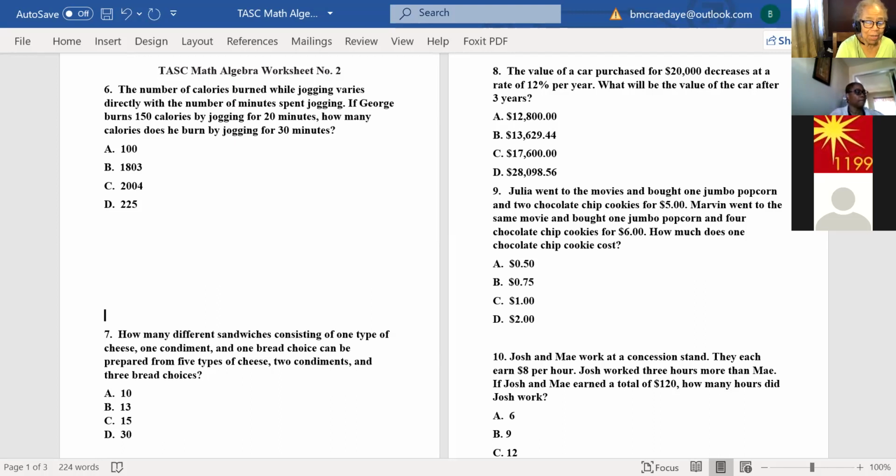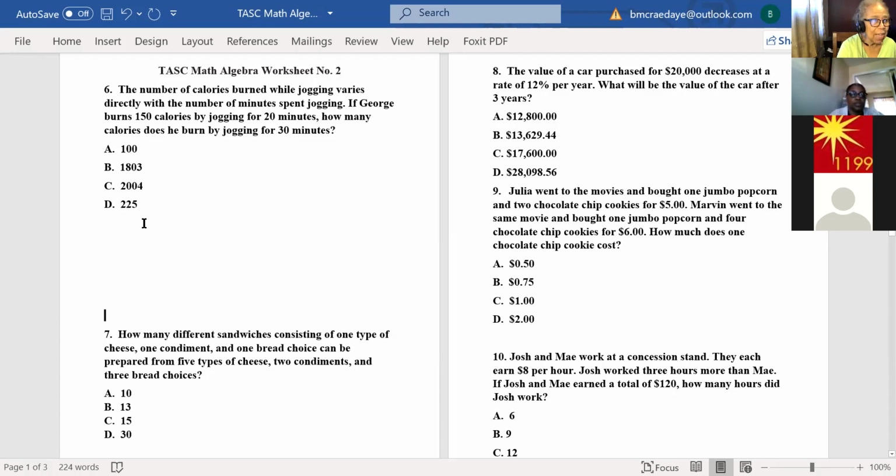Did everybody follow what I just said? 150 calories for 20 minutes, half of that would be 75 calories for 10 minutes, right? 30 minutes is 3 times 10, so you just take 3 times 75, which gives you 225. So you could do it as mental math, correct? Is that the way you did yours, Maureen? Yes. Or you could do it as a ratio and proportion.